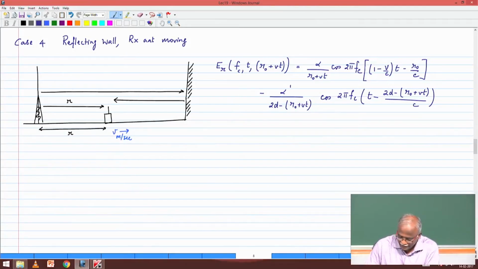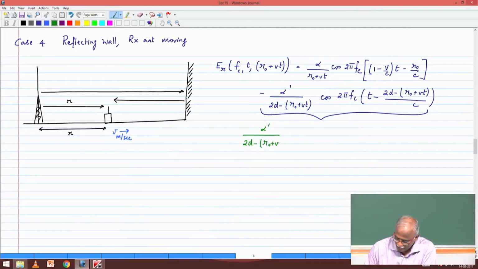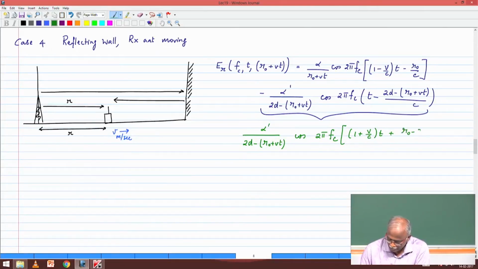If I were to rewrite this term so that we get the insights that we want, let me rewrite it as alpha dash divided by 2d minus R naught plus Vt, cosine 2 pi Fc 1 plus V by C into T. Again, this is the positive Doppler shift, plus R naught minus 2d divided by C.